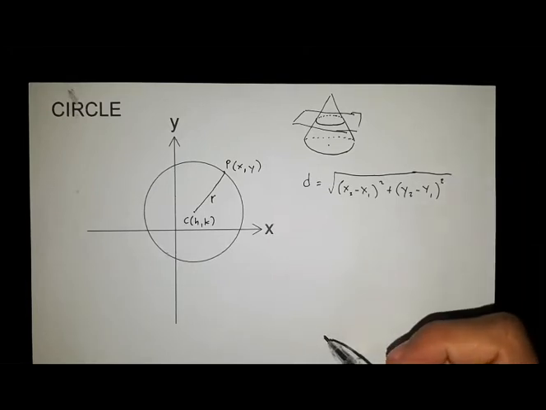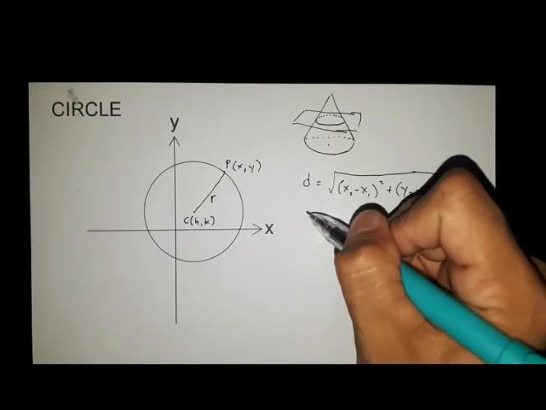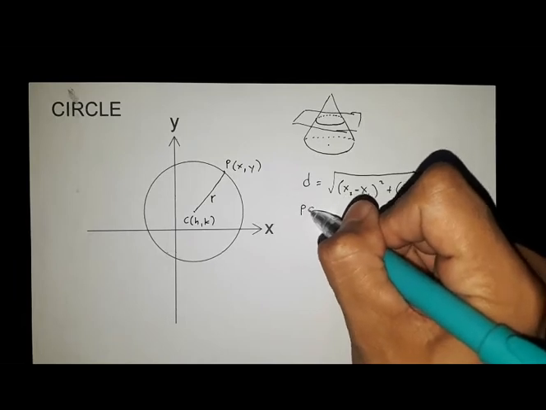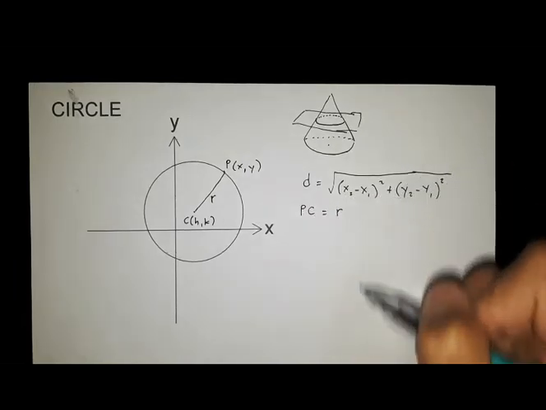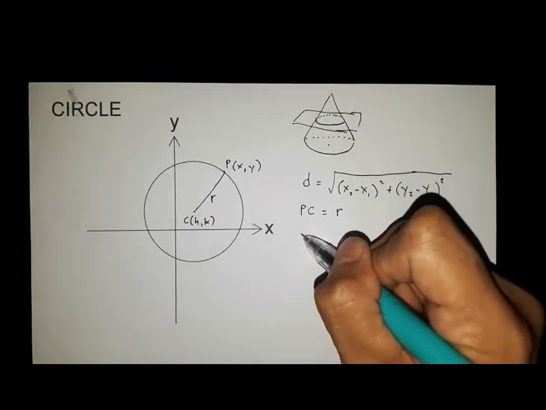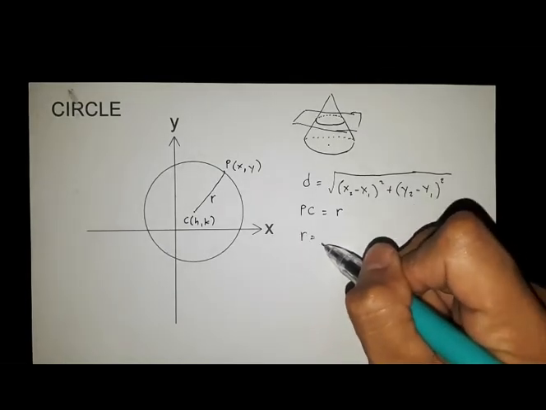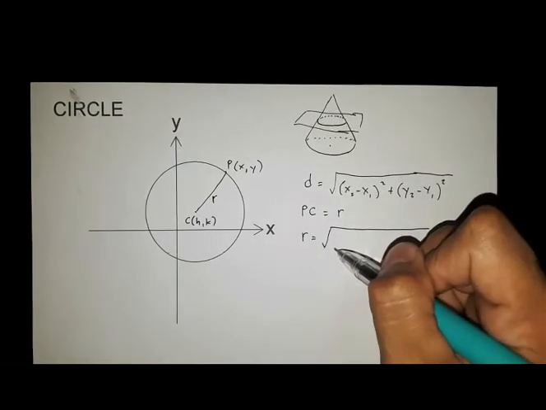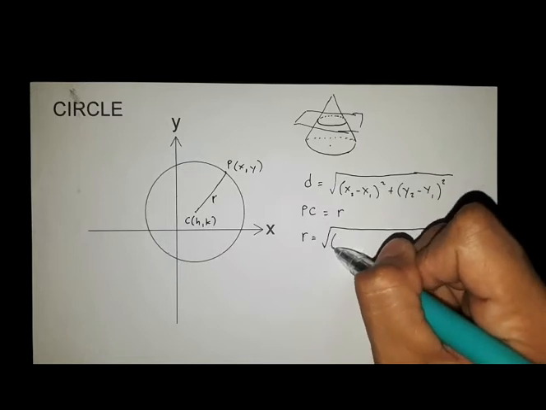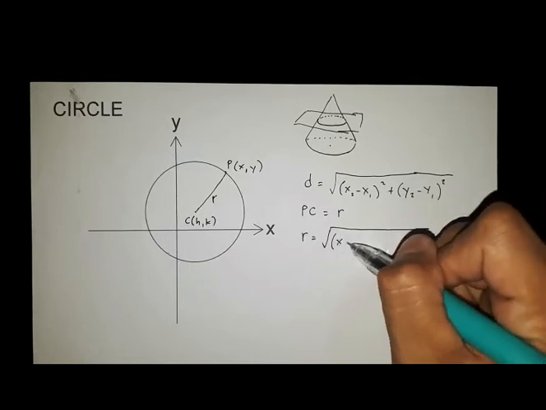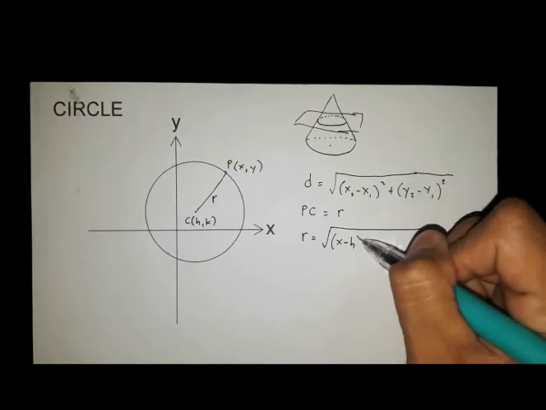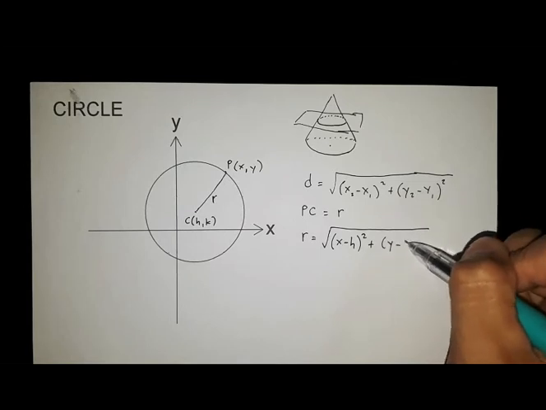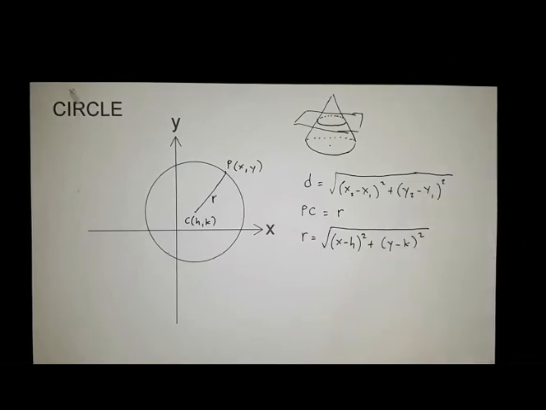Now, we have the distance PC is equal to the radius. Therefore, r is equal to the square root of the quantity of x minus h squared plus the quantity of y minus k squared.